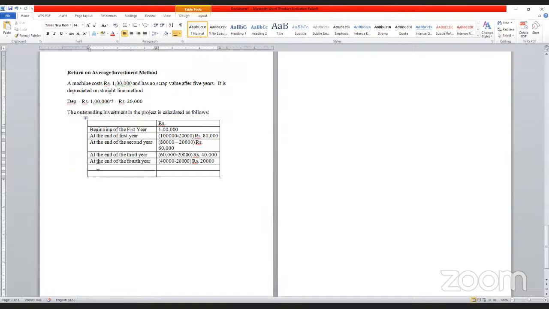Now, last one, at the end of the fifth year. Fifth year, nil, because no amount is left over. If you add all these amounts, you will get around 3 lakhs. 3 lakhs.